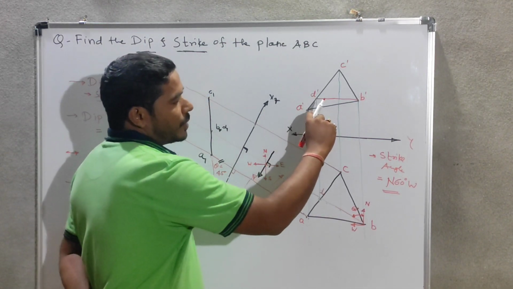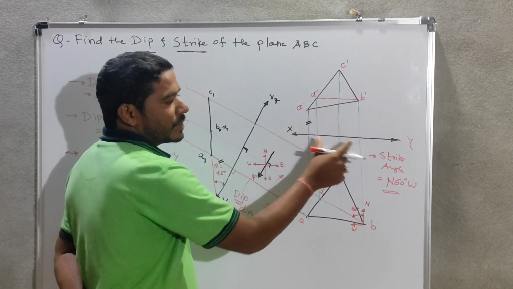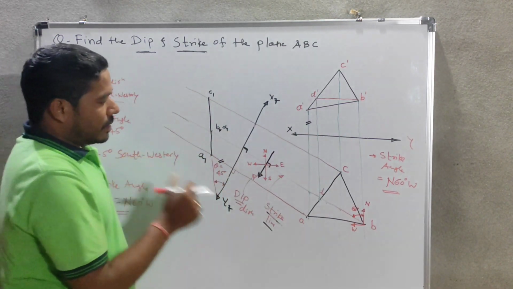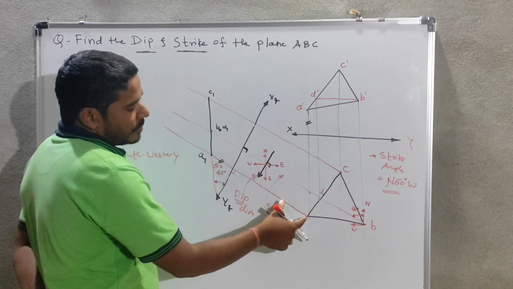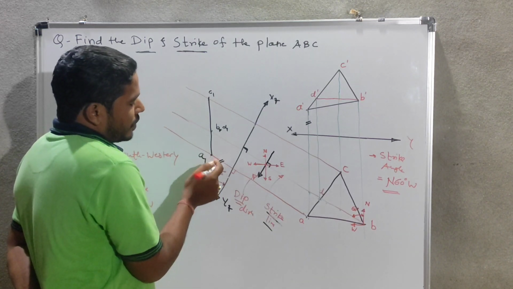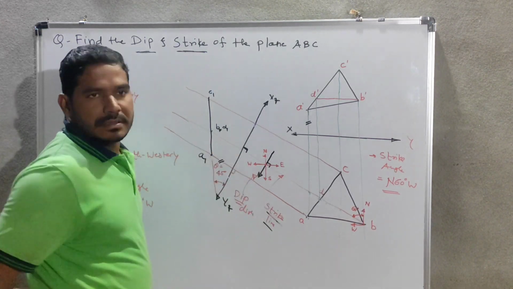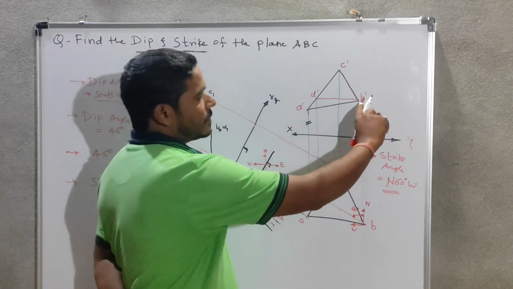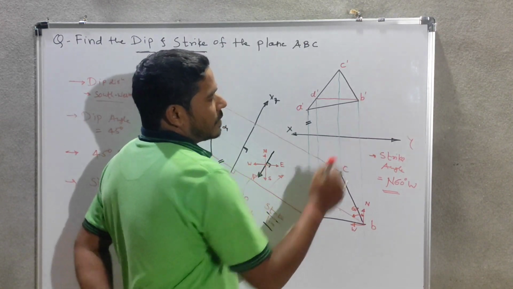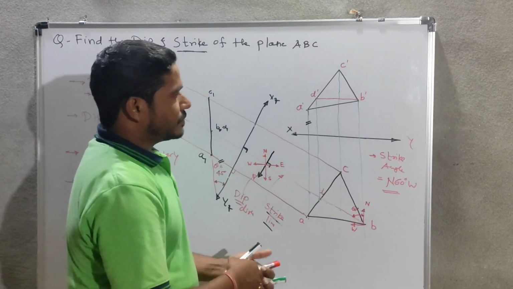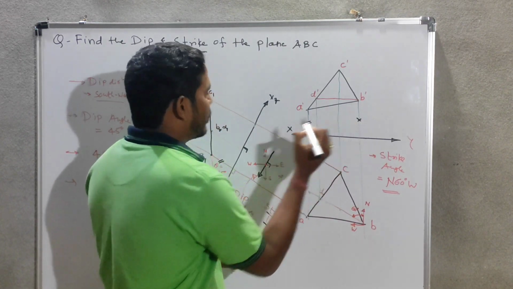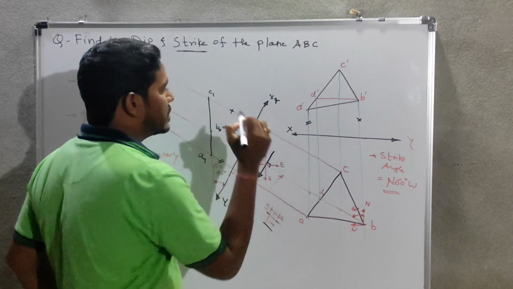So I need to take the distance of point A from xy, and we need to mark it on the same projector from x1 y1. Here the same distance is there. Then afterwards we have to take the distance of B. Suppose I have marked like this, this distance will be the same.